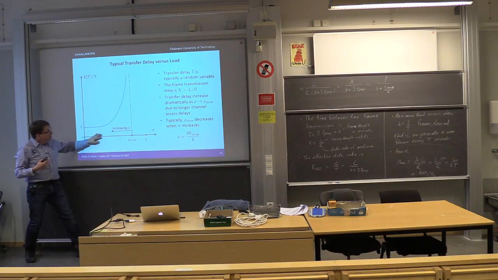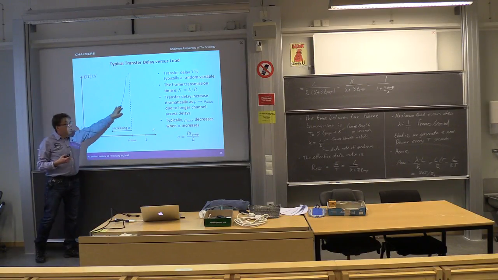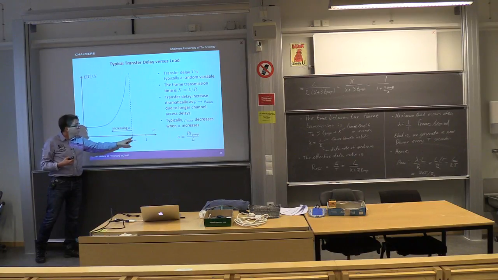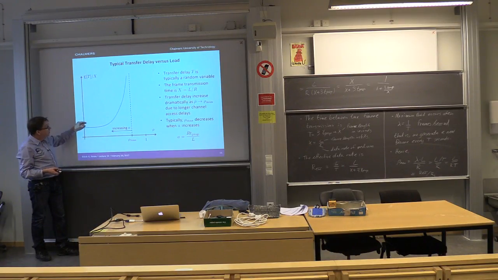Then, as we increase the load, transfer delay typically increases, and increases dramatically when we get close to the maximum supportable load by that protocol. The maximum supported load by that protocol here depends on A. So when A is increasing, we move to the left here, and typically we move up here also.